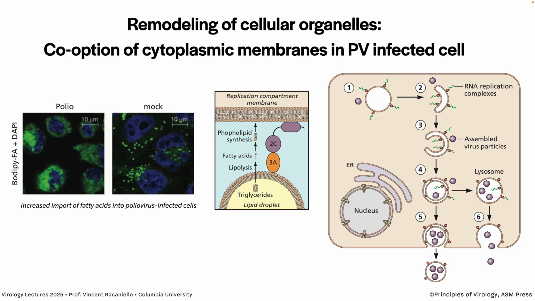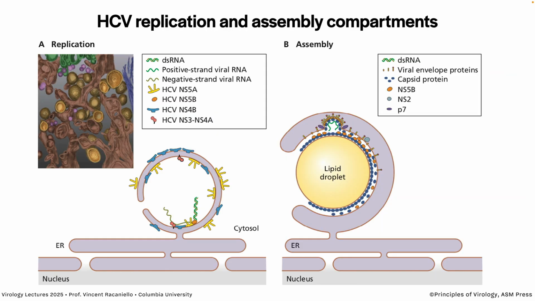Eventually they become double membraned. They may actually capture some virus particles, as I suggested when we talked about assembly, and so they could release particles in non-lytic events. But the point is that the RNA synthesis and the assembly of particles takes place on these membranous complexes that are co-opted from cellular compartments.